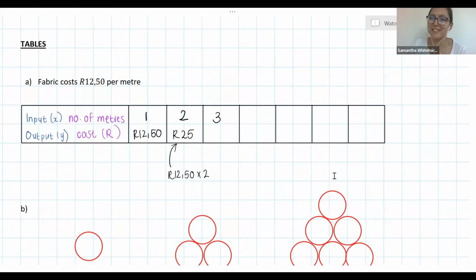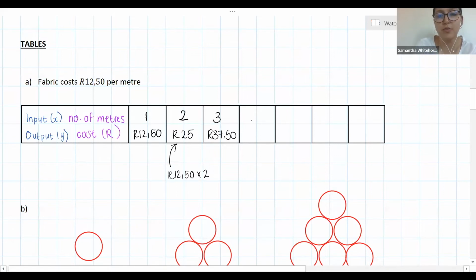Excellent. So 37 Rand 50. So guys, 2 different ways you could do it. You could either add another 12 Rand 50 because you're buying 1 extra meter, or you could times the 12 Rand 50 by 3. But either way, you're going to pay 37 Rand 50 cents for 3 meters.